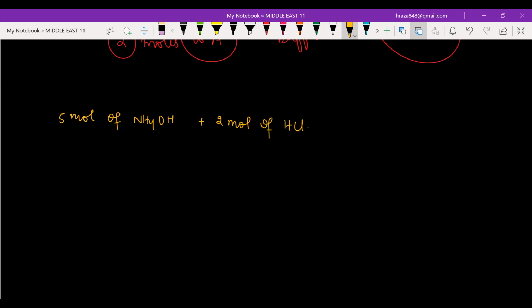So it is basic buffer. Is it basic buffer?